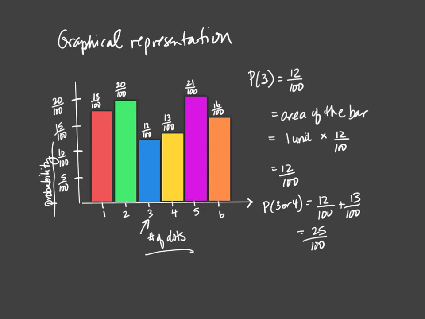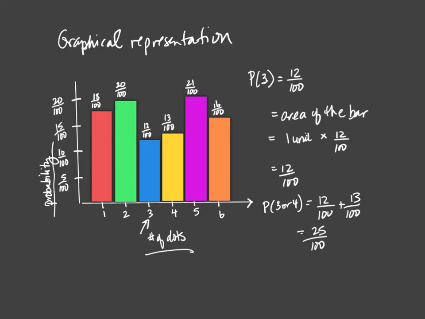But notice also, since these are discrete, 1 is very separate from 2 is very separate from 3, if I just calculate the area of the bar, and we're assuming these are all 1 unit wide, because they can't be 1.5 units, it's a space of 1 between 1 and 2, etc. Now this idea of area is going to become important in just a little bit.